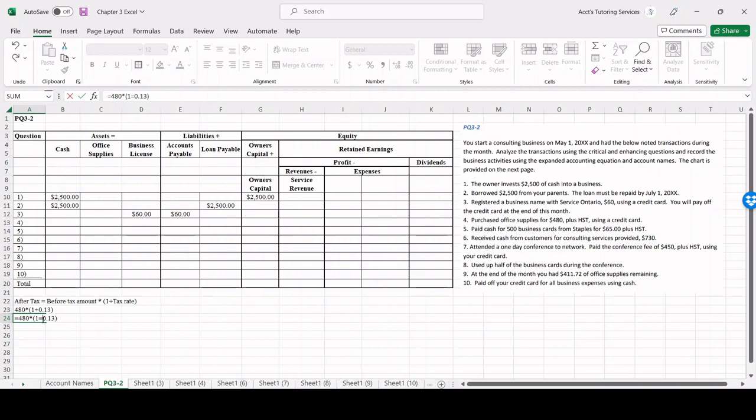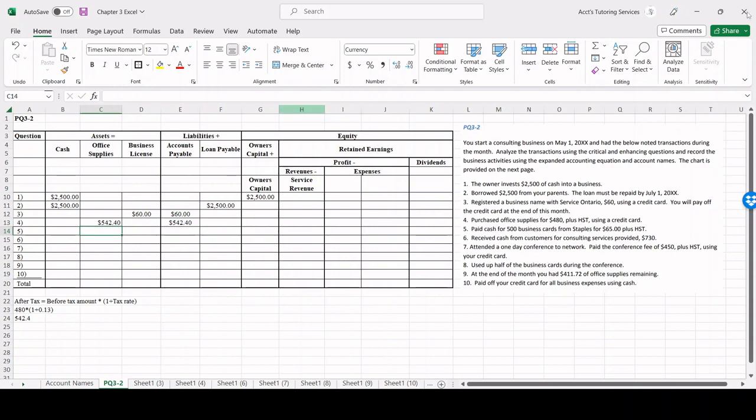My mistake. So 480 times 1 plus 0.13. That's going to give us $542.40. So we know right away credit card is accounts payable. It's increasing by this amount. And now office supplies is also going to increase by that same amount.